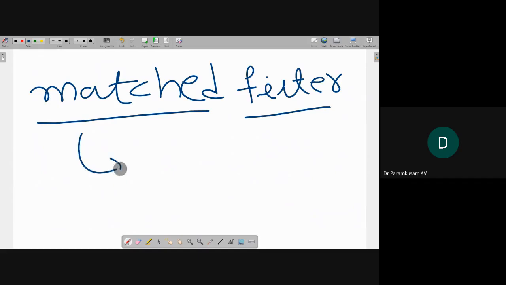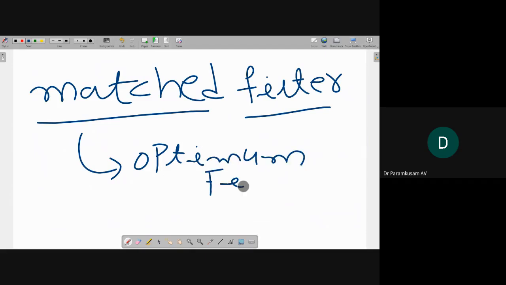The matched filter is another optimum filter.